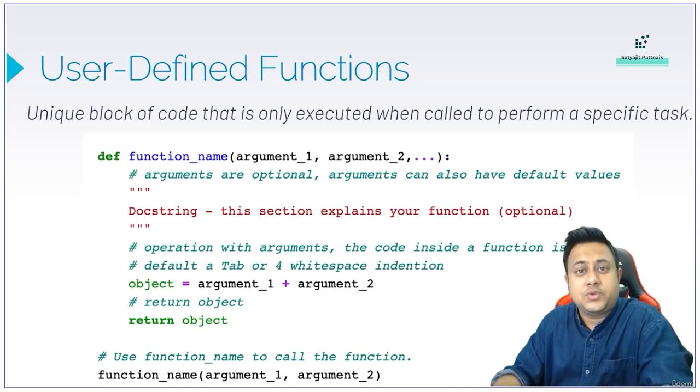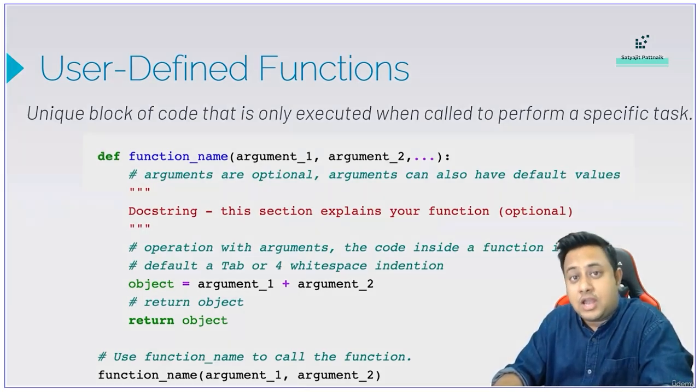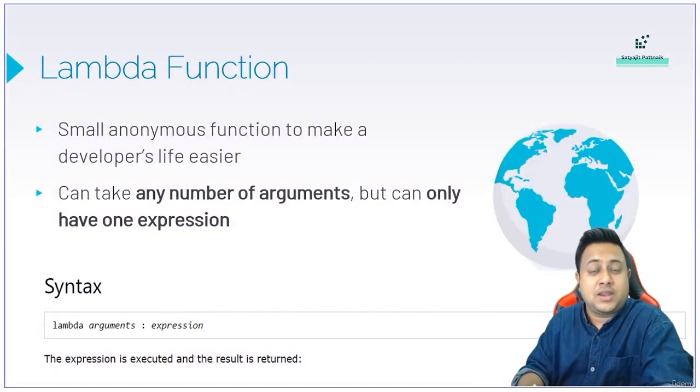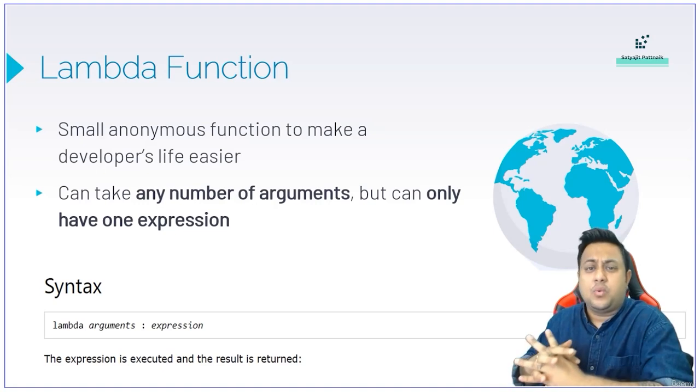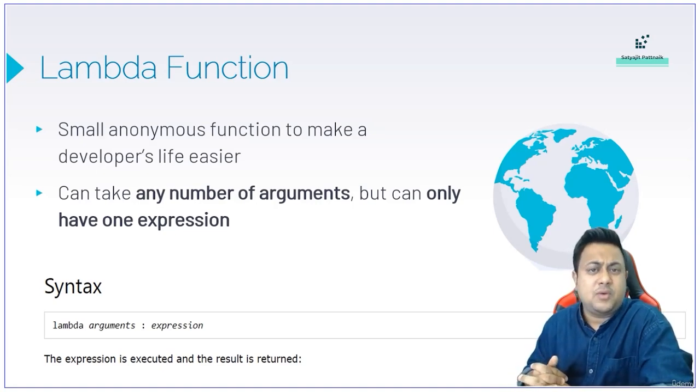After that, in this video, we shall also be learning about lambda functions. That is also another type of function studied under functions in Python. Well, what is a lambda function? Lambda, we all know the symbol of lambda. Very simple.